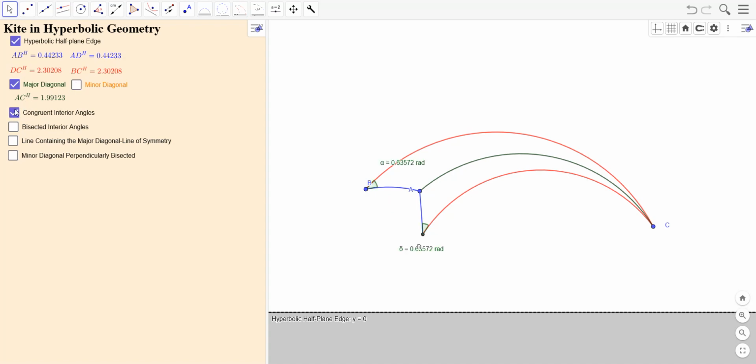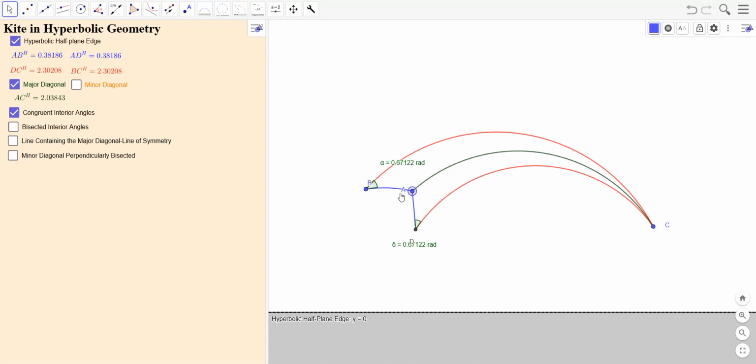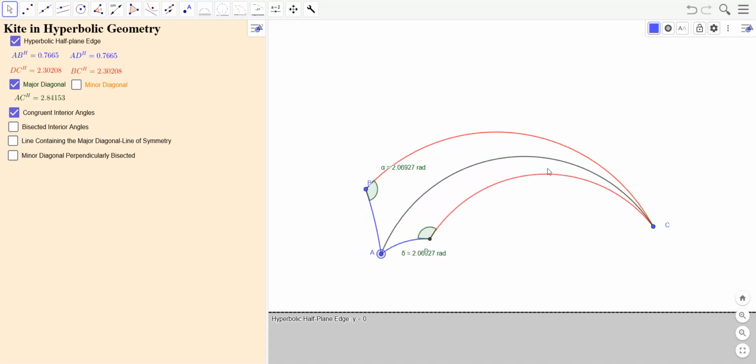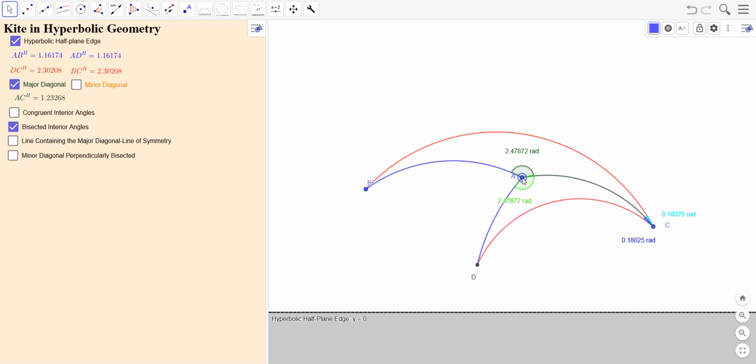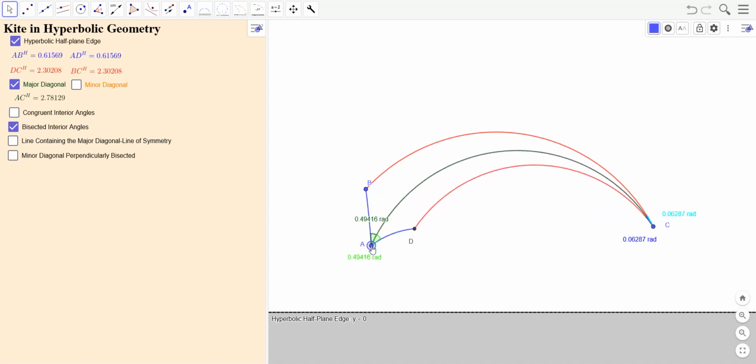Notice that we have a pair of congruent interior angles here because these two triangles are congruent by side, side, side. We have angle bisectors on both ends here. These two are the same. These are the same. We have the line containing the major diagonal. When you put it with the minor diagonal, we see it's a perpendicular bisector.